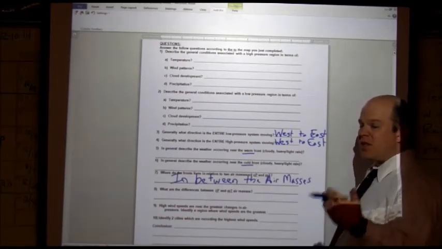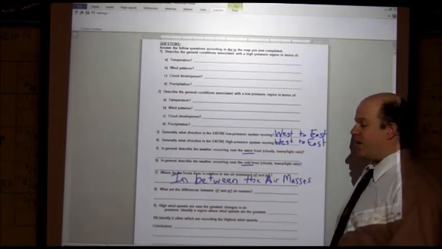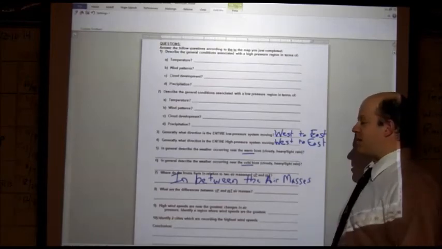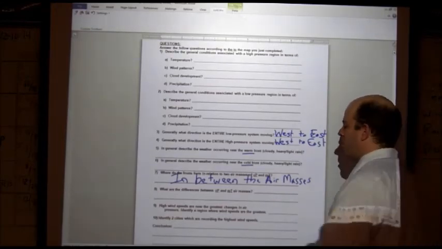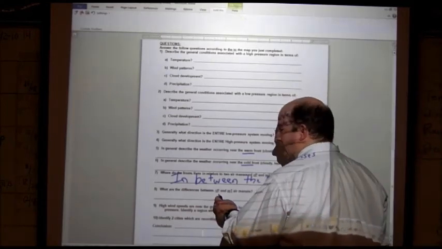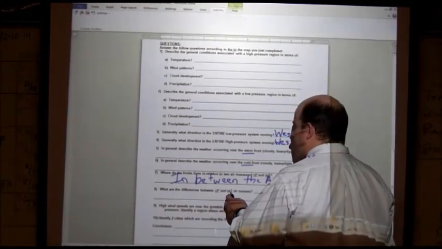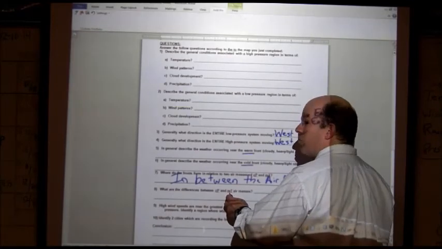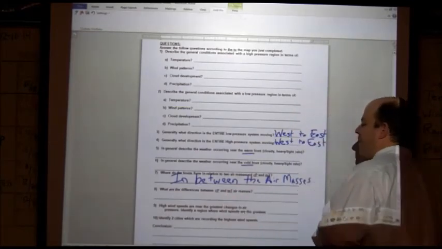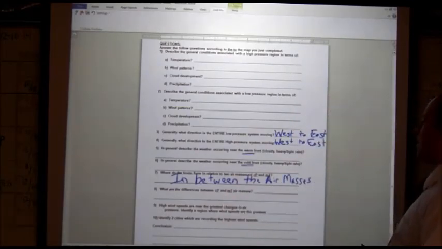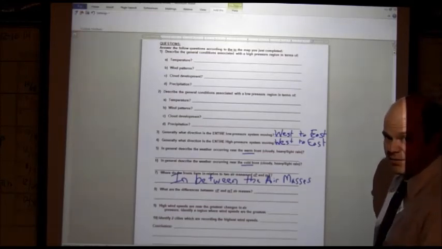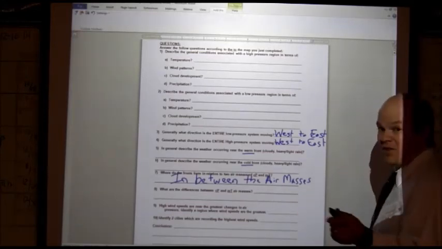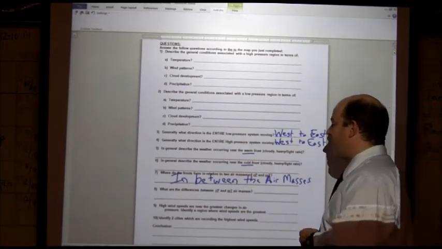We did this in notes on Monday, okay? What's the characteristics? The characteristics are continental polar, cold and dry, and maritime tropical, or moist and tropical, okay? Warm and wet. So what are the differences? Temperature and something else. Okay, so you have to figure out, give me that something else, okay?